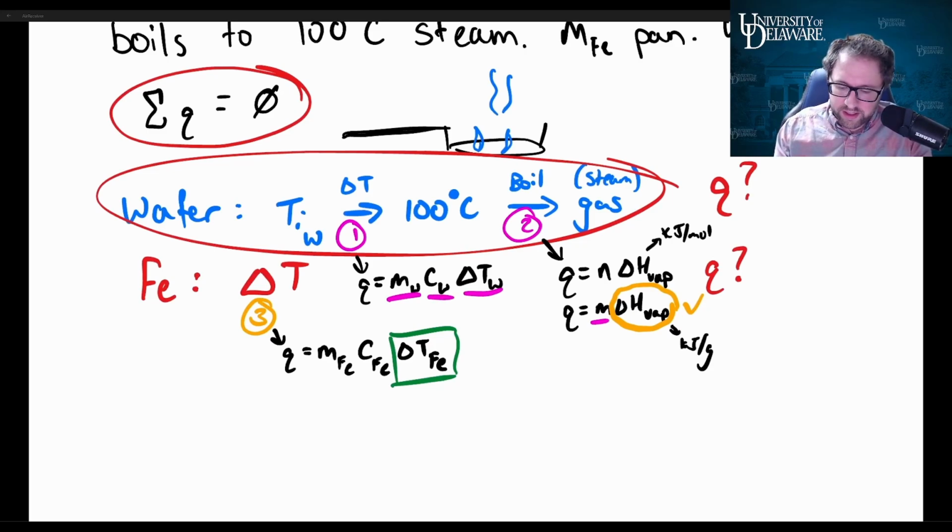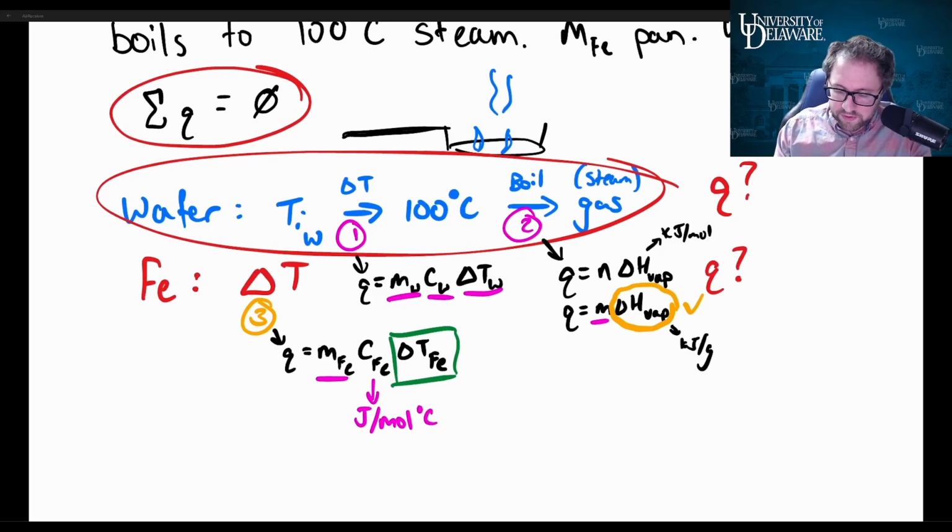CW is a constant. We are told the mass of the skillet. We're told this is a molar heat capacity in our problem. So this is given to us as joules per mole Kelvin or Celsius. Why don't we just make it Celsius?